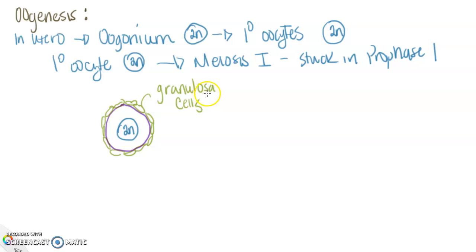And again, when you're born, you have all of the primary oocytes that you're going to have, and they are all sitting in one of these follicles. And this follicle is called a primordial follicle.